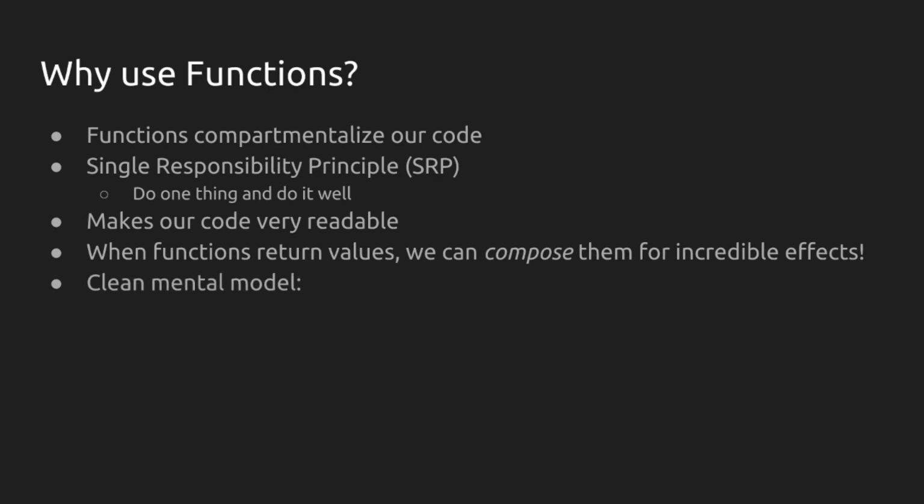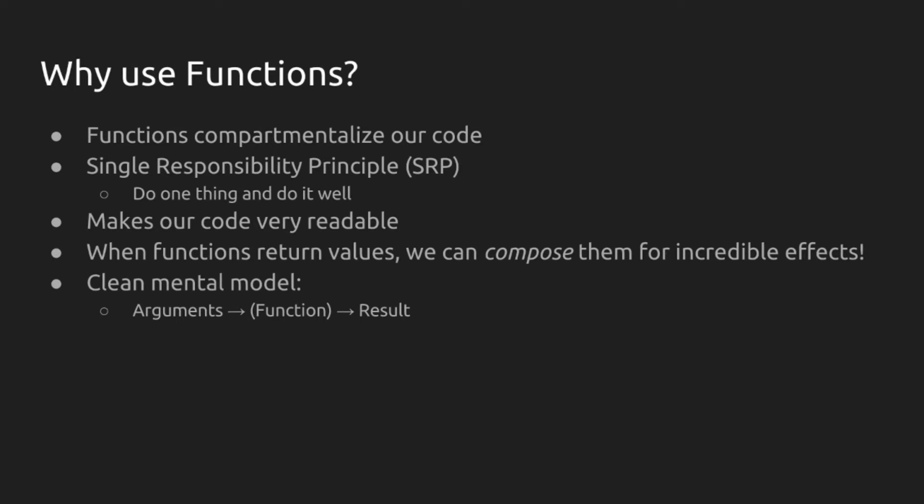I think that functions are also a really clean mental model of programming. It's the input-output process in microcosm. So you have arguments that go into a function, and at this layer of abstraction, how the function is doing what it's doing doesn't really matter. But we think about the arguments going in, the data type of the arguments going in, what we need the function to do, and how it outputs its result.